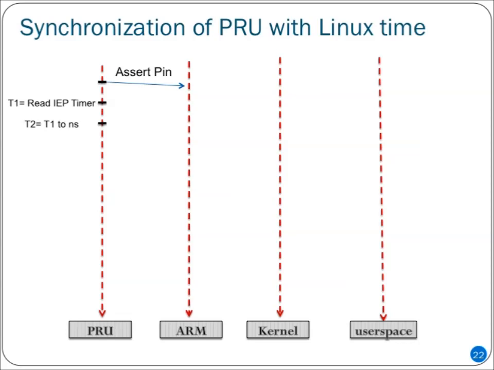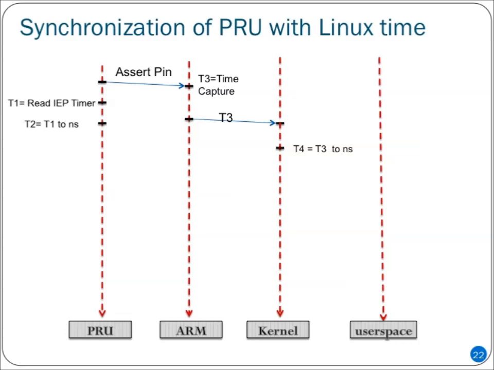Let's see the ARM side, which is a scary side as it has the ARM, kernel, and user space. You will find that the ARM has some low-level capability to capture the time. It means that when I toggle a pin, it can take a copy of the counter in hardware. It will capture the time and send it to the kernel.